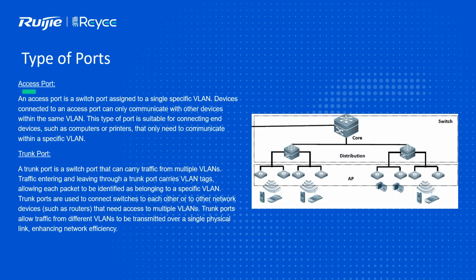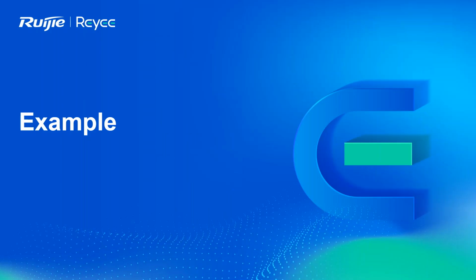That's why we have to configure these ports as a trunk, for example this switch and this switch, these distribution switches. So how can we do this kind of configuration in our Reyee devices, in our brand?